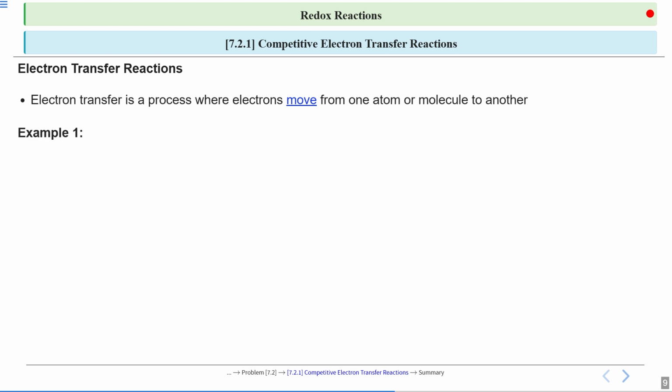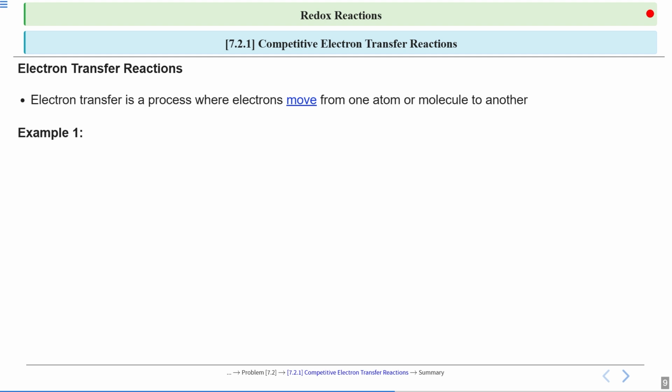Now, to understand how this electron transfer process happens, we will consider three examples, which I will tell you one by one. The main reason for taking an example is this: in this lecture till now, we have understood that electron transfer takes place in a chemical reaction, as part of oxidation and reduction, which makes the reaction a redox reaction.